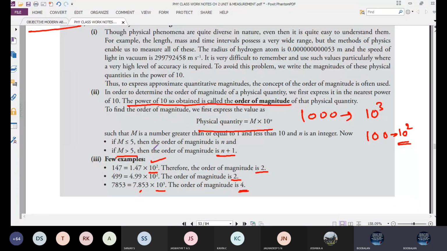So 1.47, 4.99 are below, but 7.8 is more than 5. So more than 5 means you should take n plus 1. So 10 power 3 plus 1 means 4. Formula, condition, and example.